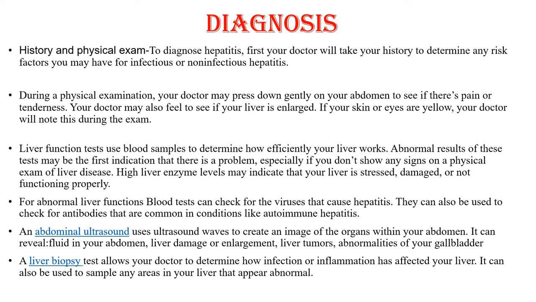The next test is a liver biopsy, which allows your doctor to determine how infection or inflammation has affected your liver. It can also be used to sample any area in your liver that appears abnormal. That means a sample of hepatic cells is collected from the abnormal area for examination or biopsy purposes.